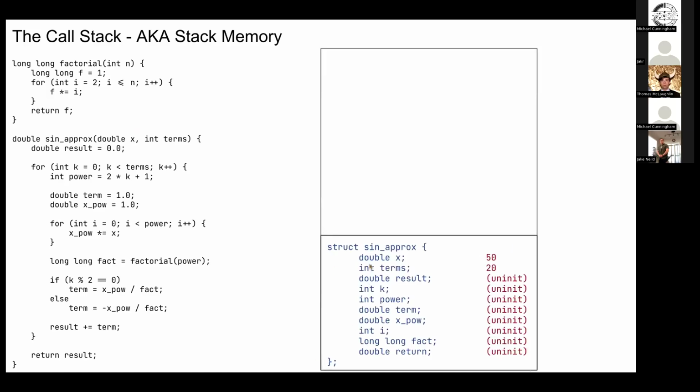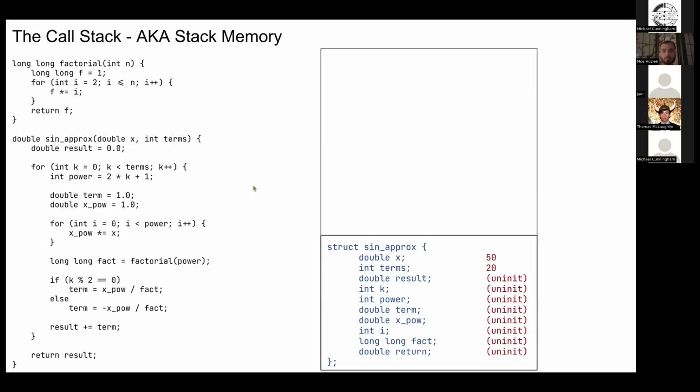The fields of the struct roughly approximate all the variables in the function. See, we have result right there, our inputs right here, our output, the return. And you can see we have everything that we need, all the space we need to do the operations on.